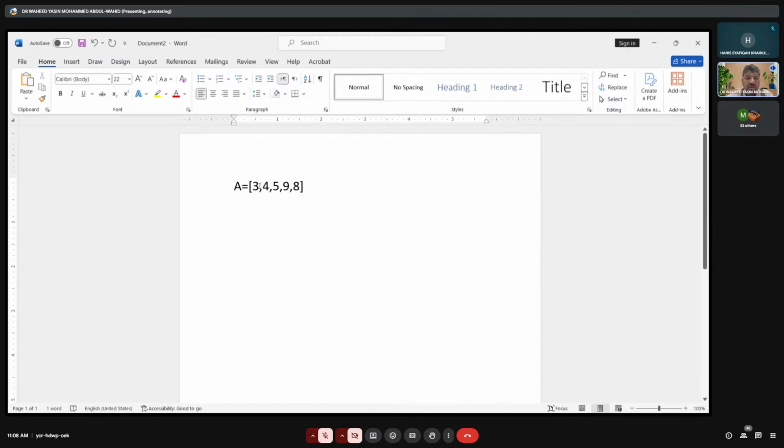If A has 5 values, 1, 2, 3, 4, 5, and with sequential search the key I'm searching for is 3, so what is the index? 0.